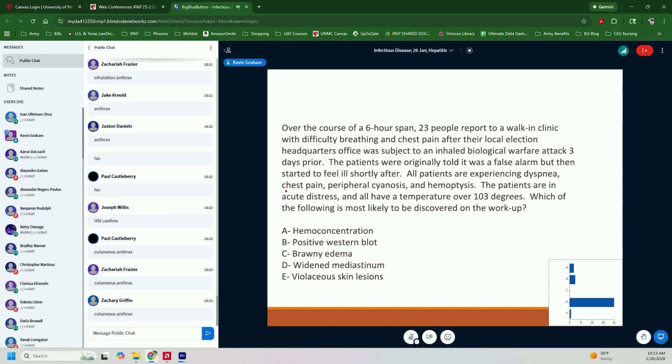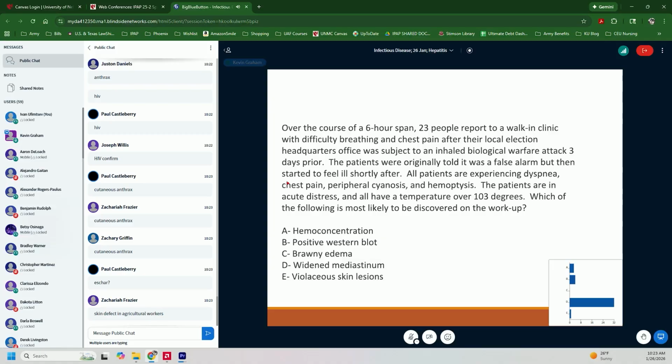What is the classic history for cutaneous anthrax? What do we typically tease out in the history for somebody who's got that big, hefty, brawny edema? Not always, but very common. So eschar is another physical exam finding. That's going to be in the center of it, right?